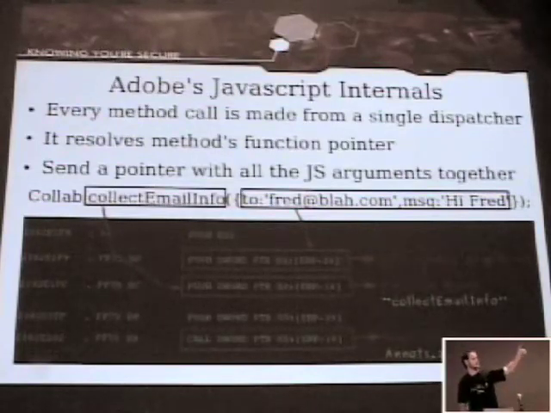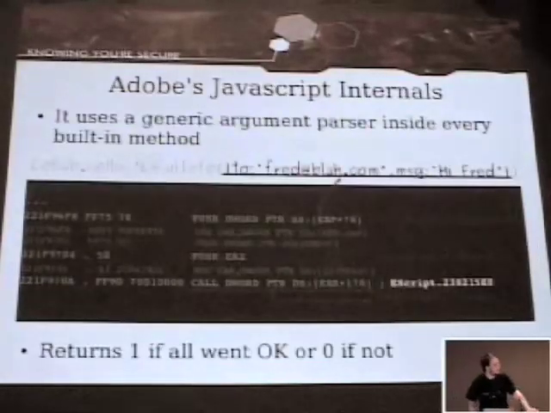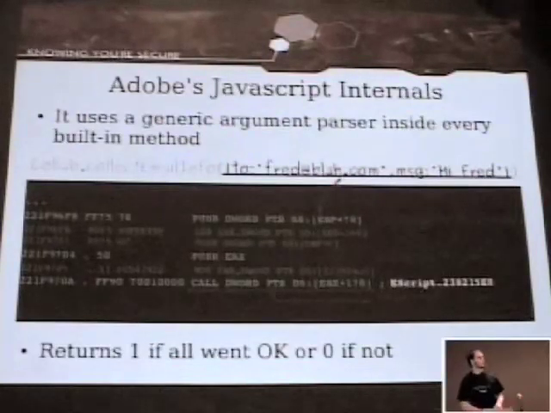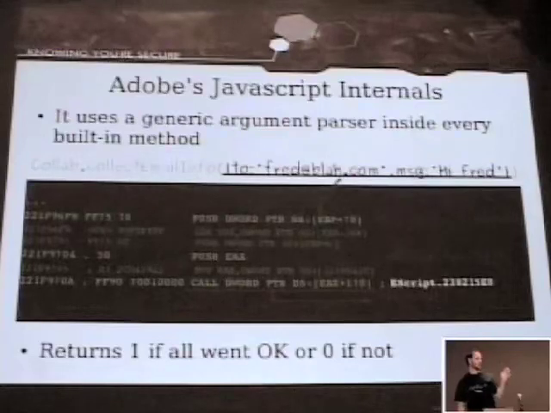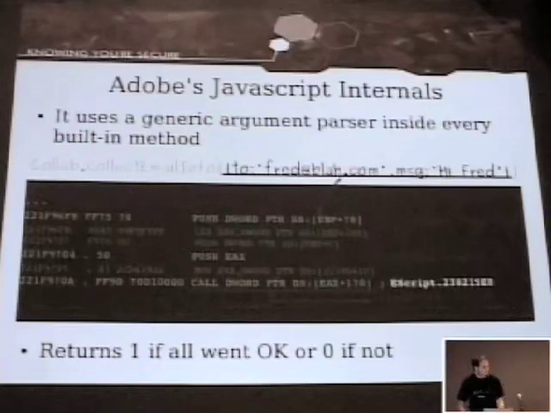So all the JavaScript arguments that you see there are passed as a pointer to the function. Also, inside each method there's a generic argument parser. Each method that you call expects the arguments in a very specific format, and this format is here.